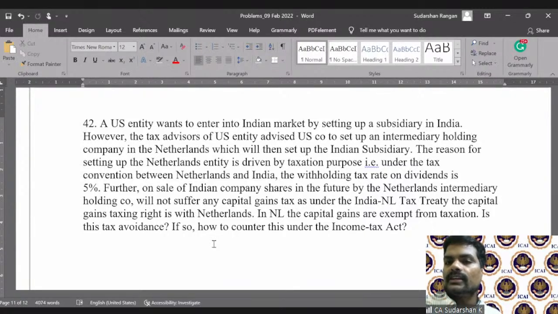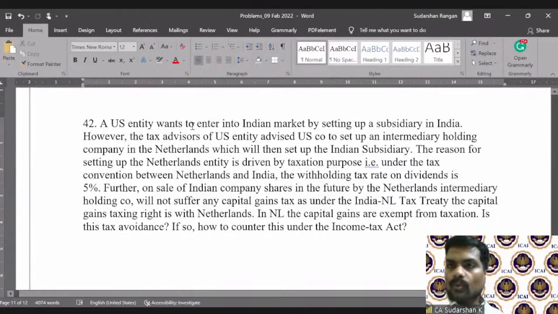They found out that Netherlands is very attractive, because this is called treaty shopping. Under the India-Netherlands treaty, you have only 5% on dividends, which is very less. India will only withhold 5%. And then there is no capital gains tax tomorrow when I sell the India business. So Netherlands looks attractive.